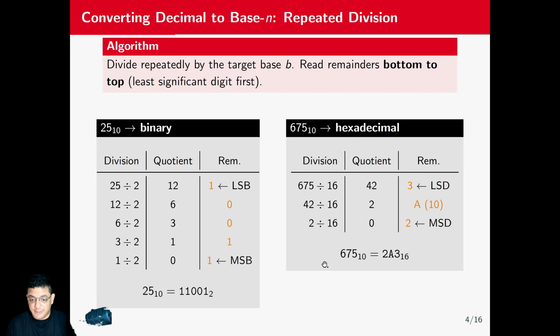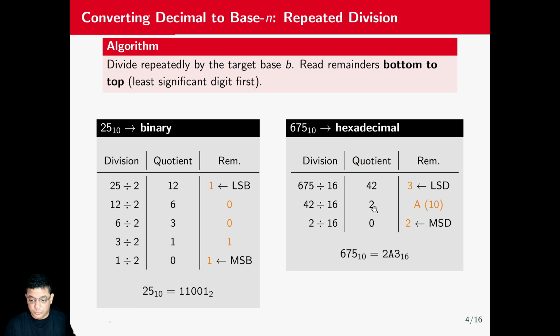Now let's do the same thing with a hexadecimal number. Let's transform 675 base 10 to hexadecimal. We have 675 divided by 16. That gives me 42, and the remainder is 3. Then we take 42 divided by 16.